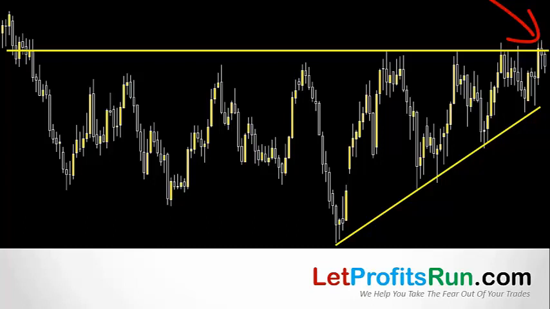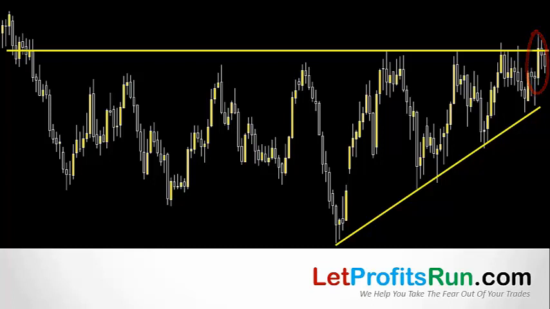This is a common way people misuse the support and resistance areas, and they get faked out of a move.